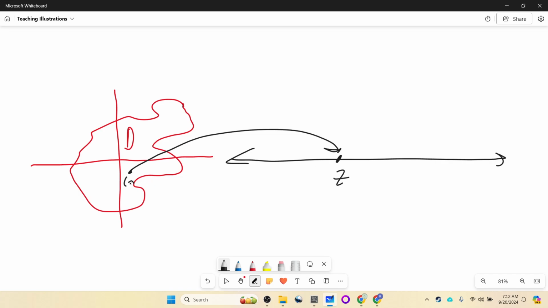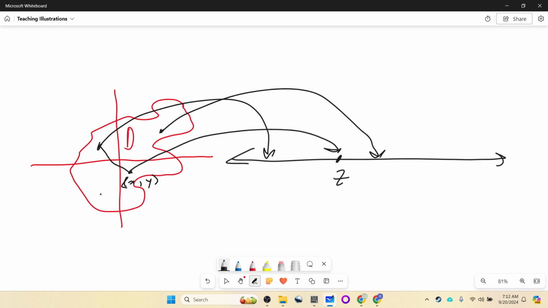So this is an x, y, or written as a vector, and it gives z. And some other x, y will go to a different z. I say connected, and what connected means is that any 2 points you pick, you can draw some path between them without having to leave the set. That's not a requirement, but it's pretty common in the examples we're going to do.